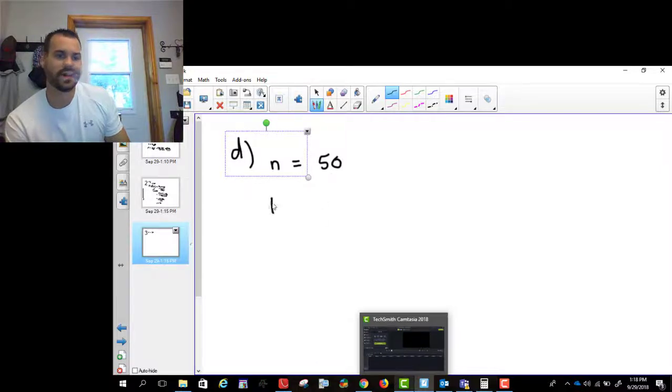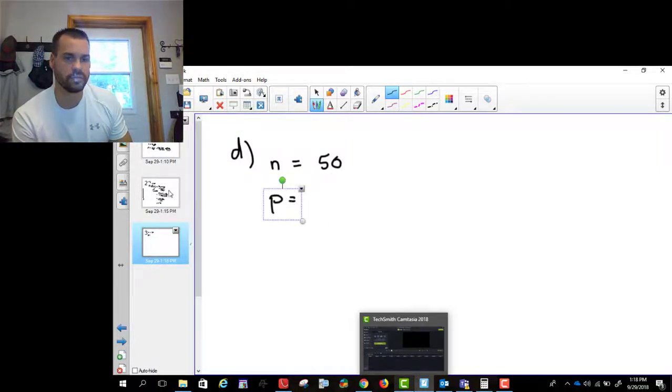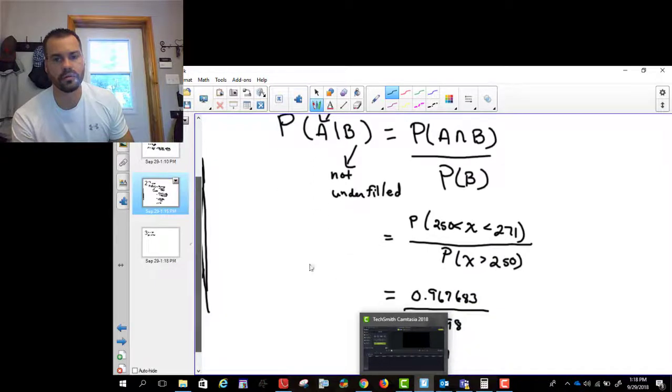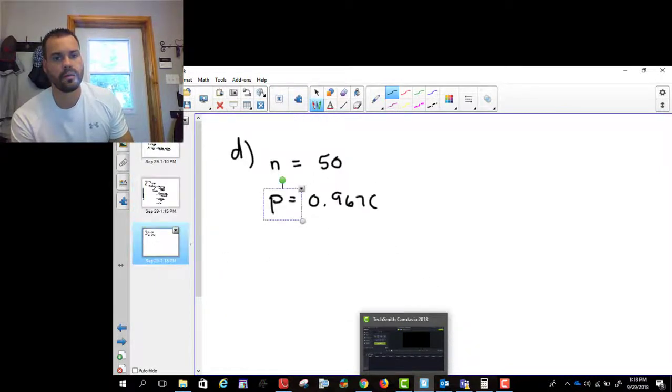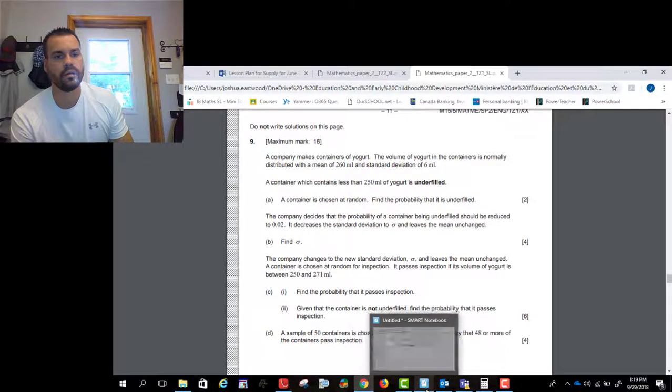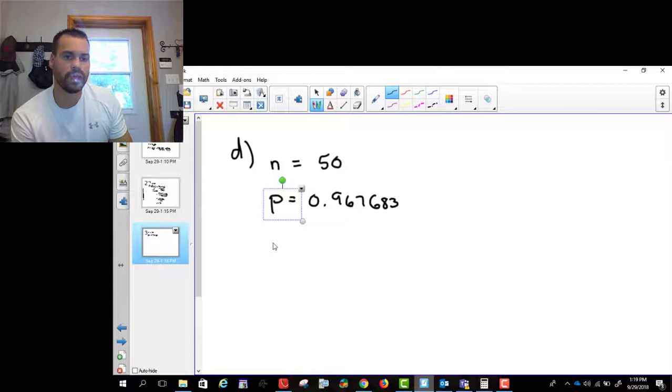Our probability of success is the probability that it passes inspection, which is 0.967683, the number we just found. And we want the probability that X is greater than or equal to 48.